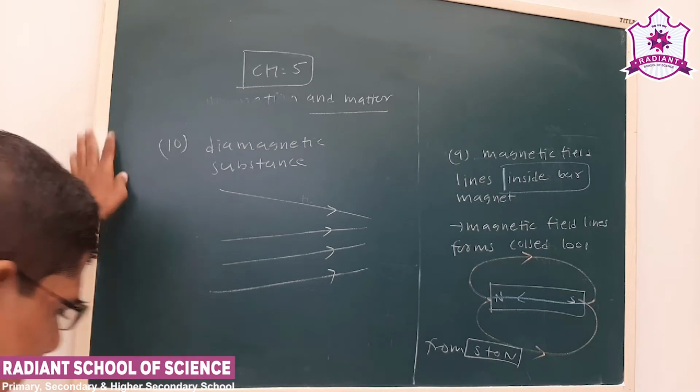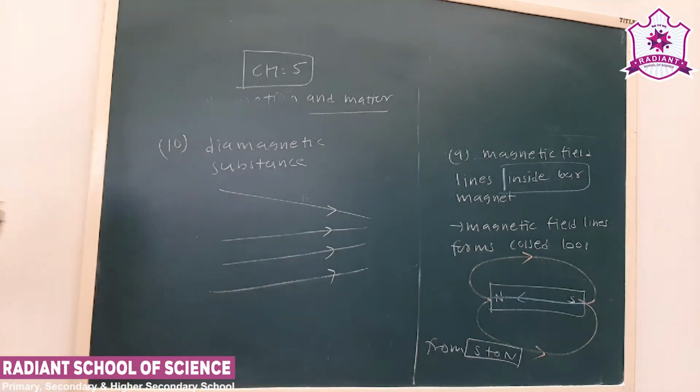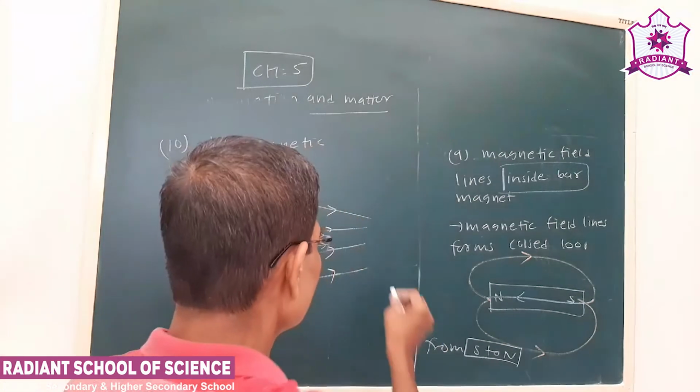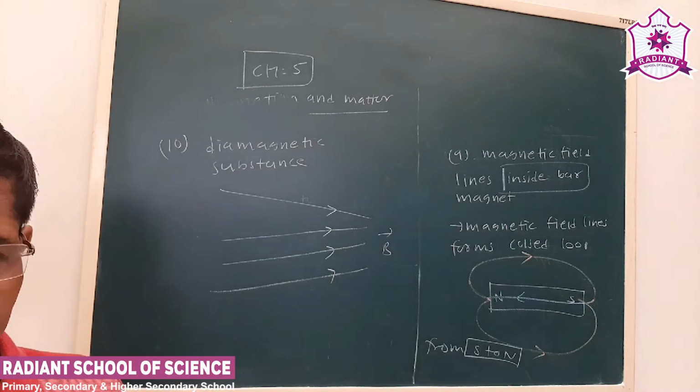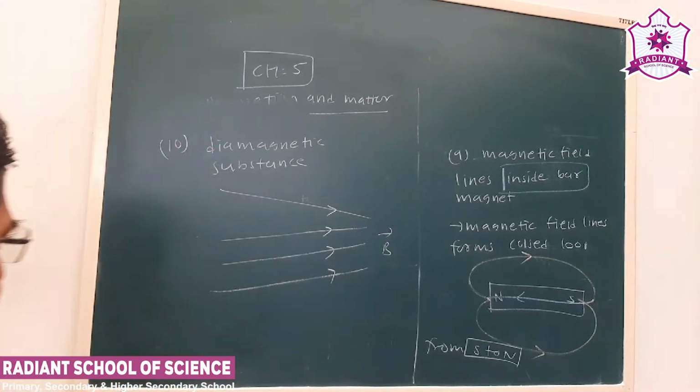This is how the non-uniform magnetic field can be represented. The uniform magnetic field lines are parallel and equidistant. The non-uniform ones will not be parallel and equidistant.